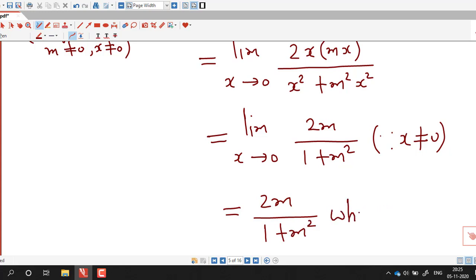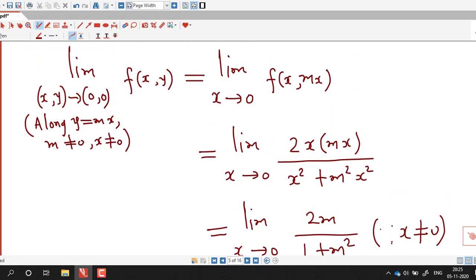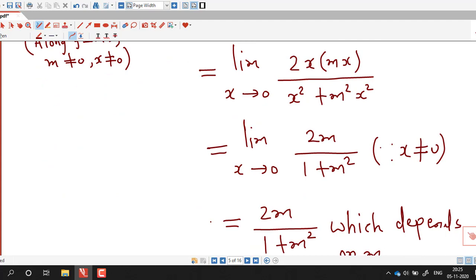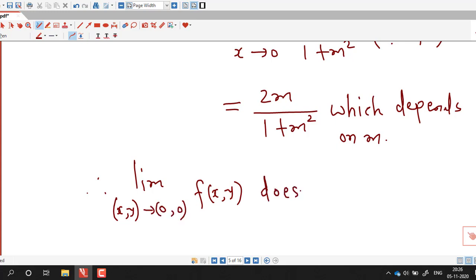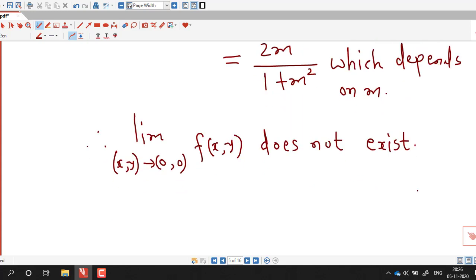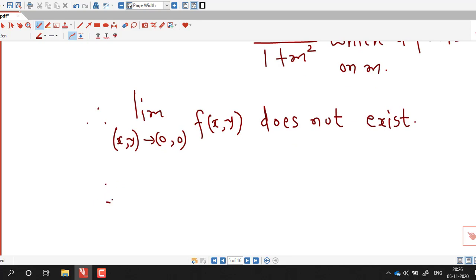So we can see this limit depends on m. That means the limit is different along different lines passing through origin. So therefore we can write that the limit of f(x,y) as (x,y) approaches origin does not exist. So the second condition of continuity is not satisfied.